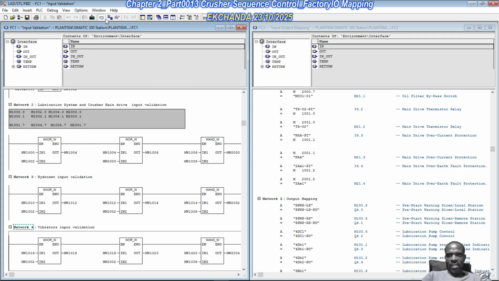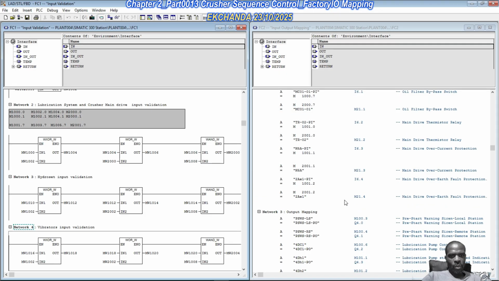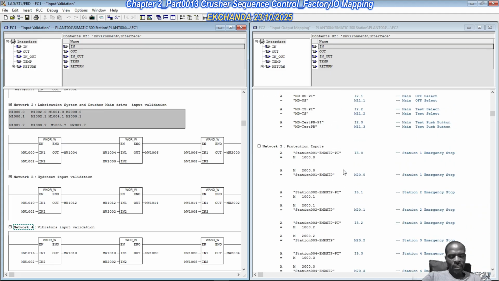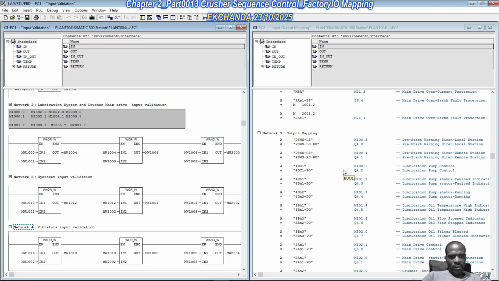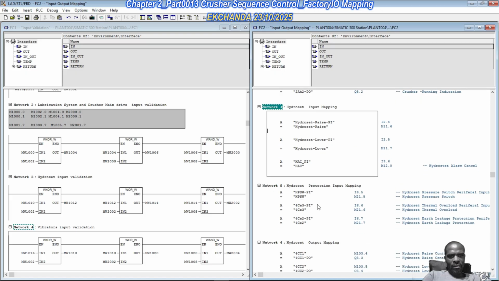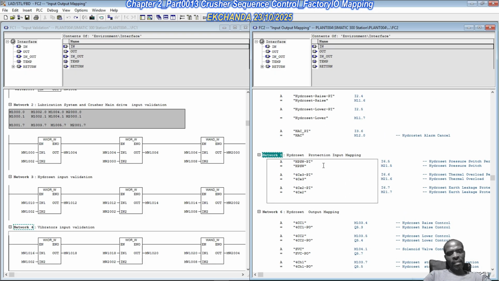When this is done, we'll go to the protection input, the hydroset. Basically the input validation has to do with the protection input mapping. We need to validate the protection input mapping, not the operational conditions.